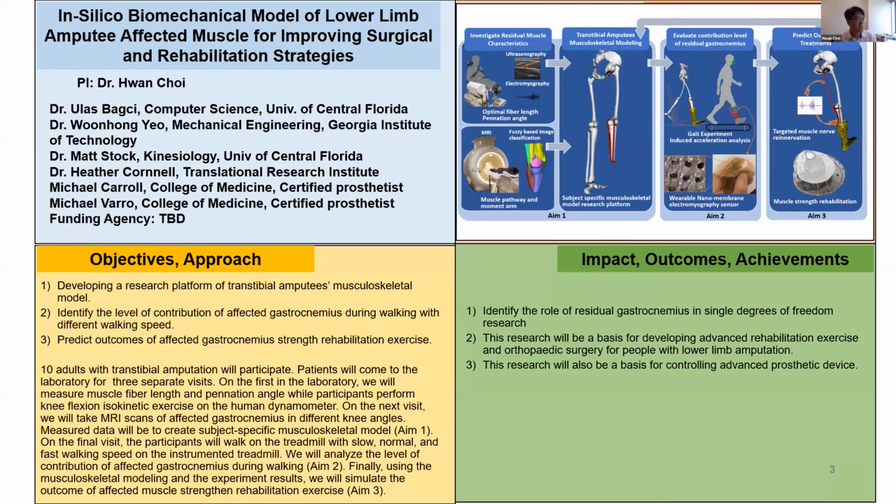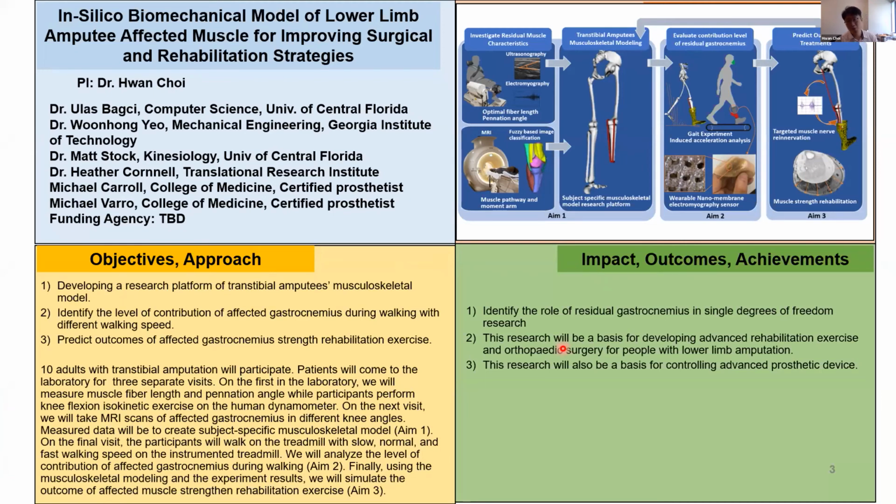So the first project is to develop a musculoskeletal model of the lower limb amputation, because for lower limb amputees, after they got surgery, it is unclear what's the best way to provide rehabilitation exercise and what is the best characteristic of the prosthesis to help people and modulate in terms of considering the affected muscles.